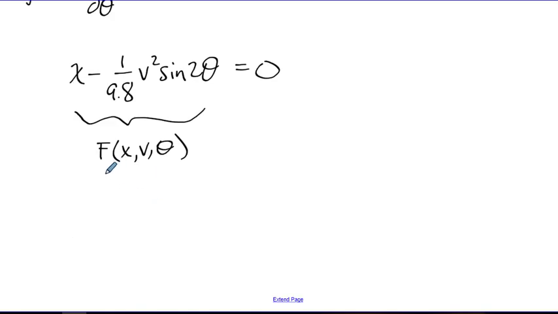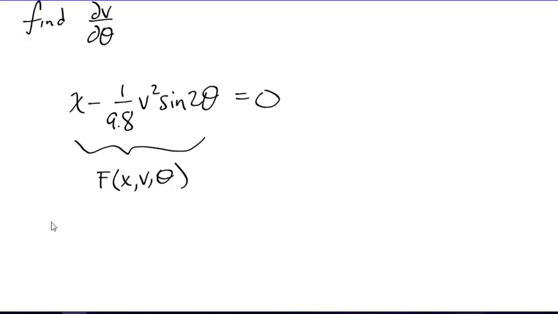So now I've created this capital F function that depends on x and v and theta, and if I want to find the derivative of v with respect to theta, a derivative of f with respect to theta for this function, big F, taking a derivative with respect to theta, x is going to be a constant.